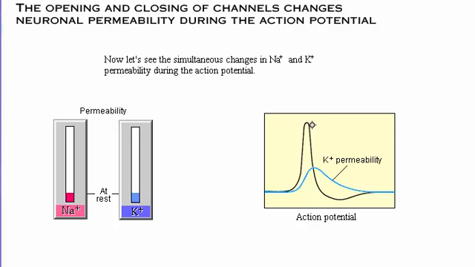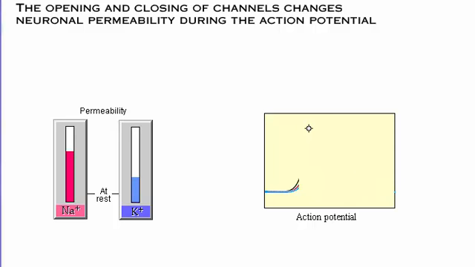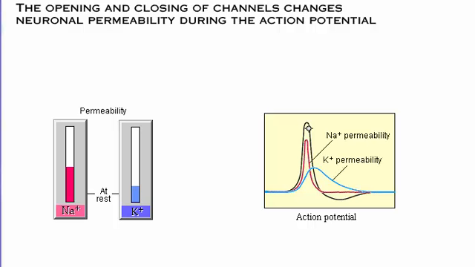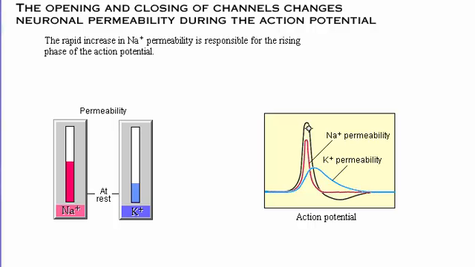Now let's see the simultaneous changes in sodium and potassium permeability during the action potential. Click the graph of the action potential. The rapid increase in sodium permeability is responsible for the rising phase of the action potential.